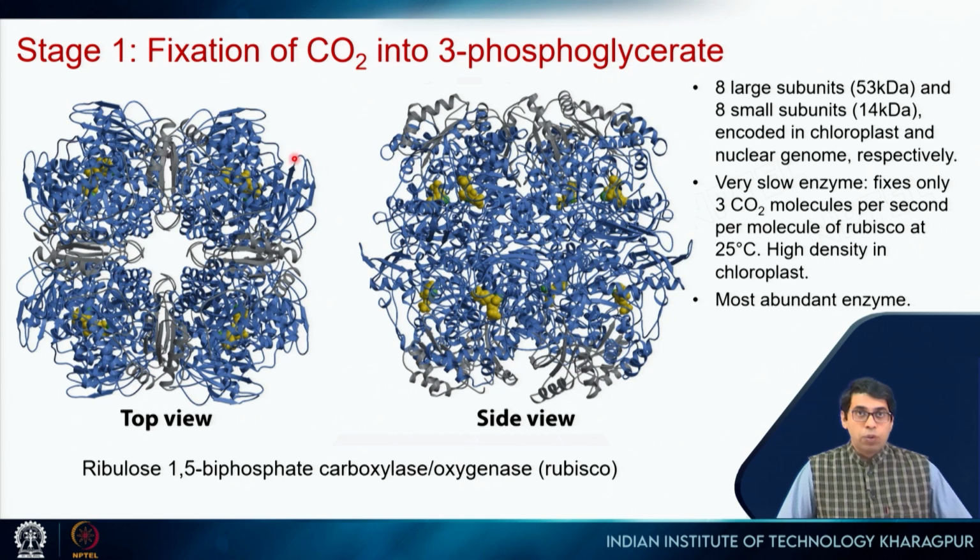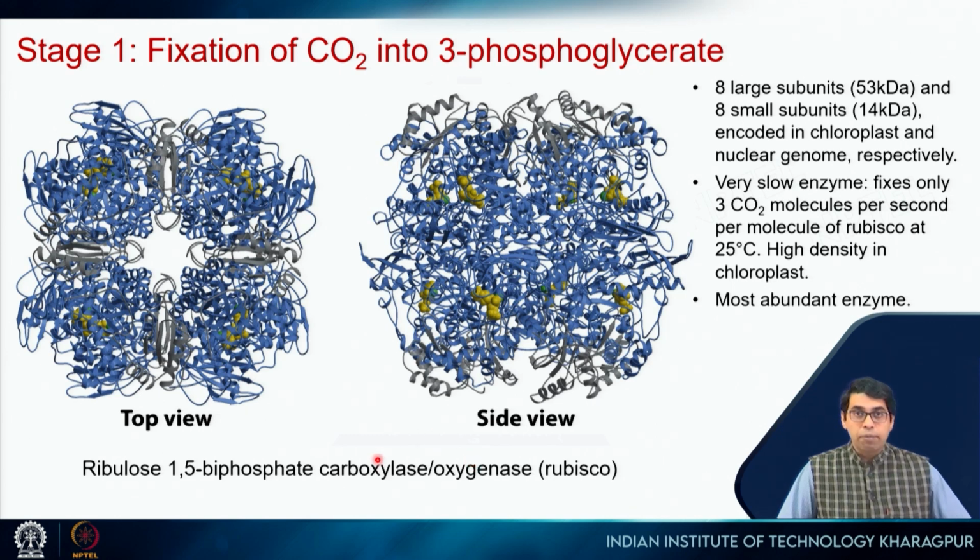So, let us look at stage 1, which is fixation of carbon dioxide into 3-phosphoglycerate. This reaction is carried out by an enzyme called ribulose 1,5 bisphosphate carboxylase, which carboxylates one of the substrates, ribulose 1,5 bisphosphate. However, we will see in a few slides that this enzyme also performs another reaction, which is called oxygenase, right.